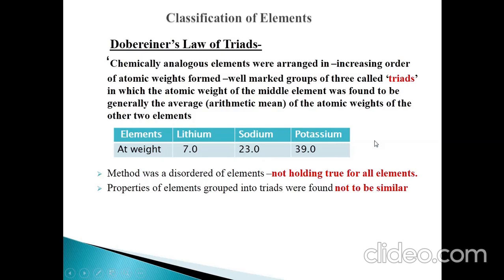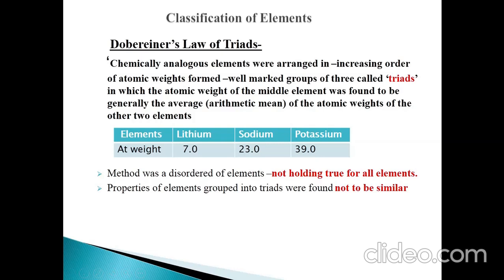Now this method was disordered and it was not holding true for all the elements. The properties of elements grouped into triads were found not to be similar. So these elements did not have similar properties.